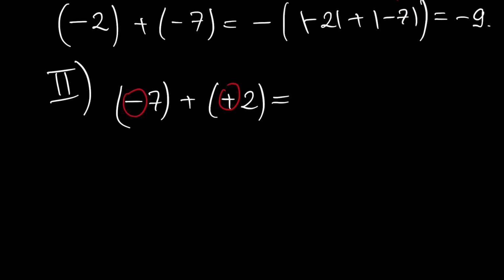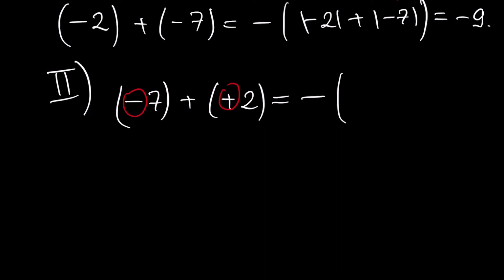Of course, minus 7 has greater absolute value, which is 7, and its sign is minus. So we assign the sign of the number with greater absolute value and calculate the difference of absolute values.